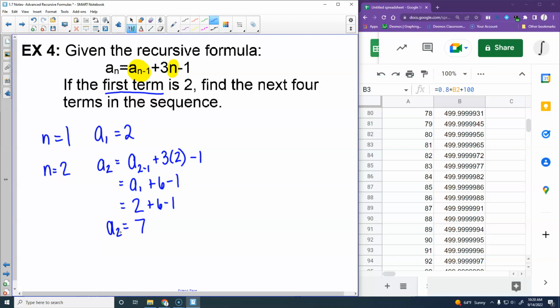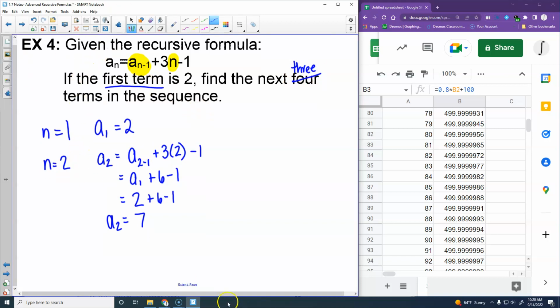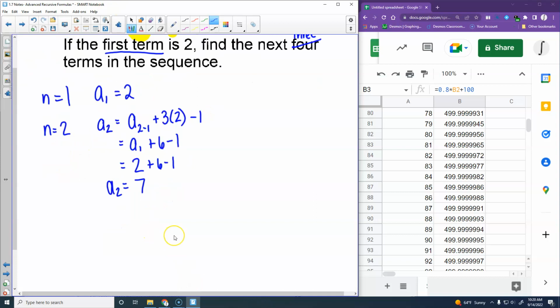Now it asks us to find the next 4 terms in the sequence, so we've got to do this again, right? In fact, I might change it to 3 just because it might be a lot. So that was my next term. I need 2 more here. So if I want n equals 3, I'm finding a sub 3.